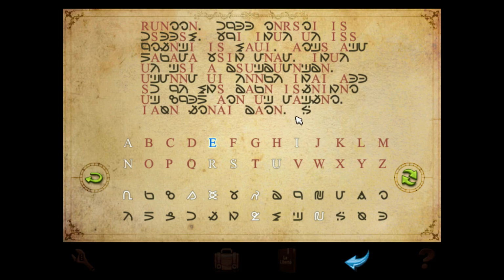Let's see. Let's give this symbol an S. No. This is O. There's a lot of problems here. Let's see. Let's say this is L. Then we also... Let's see.